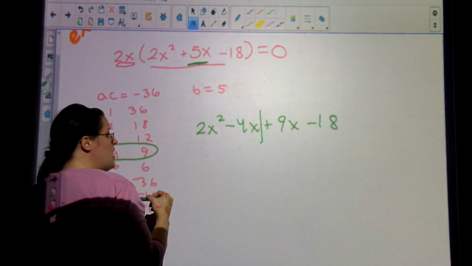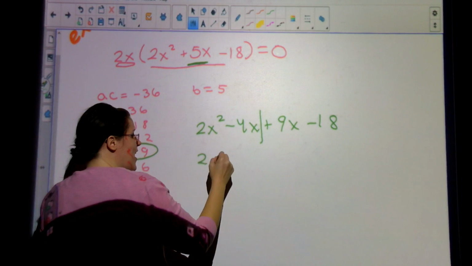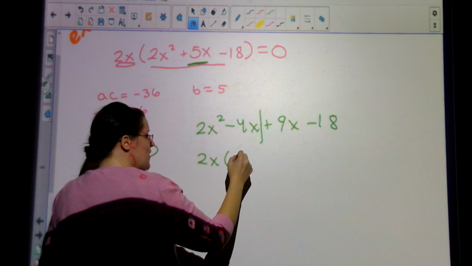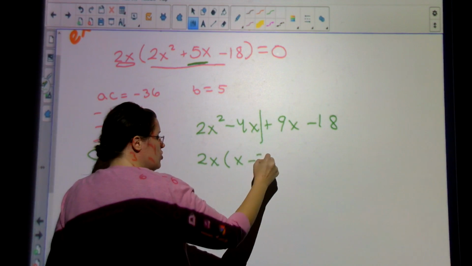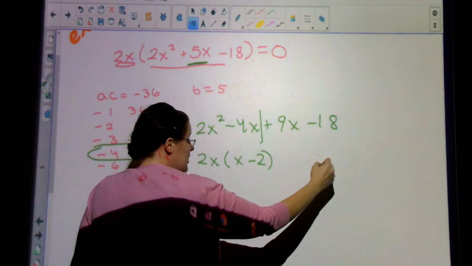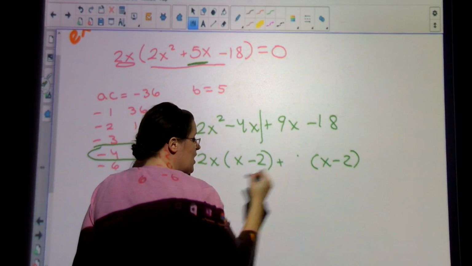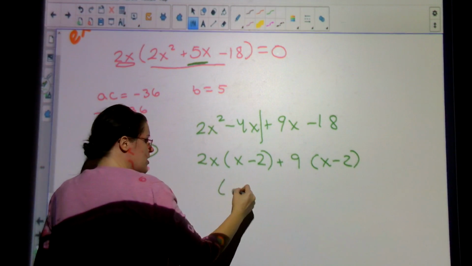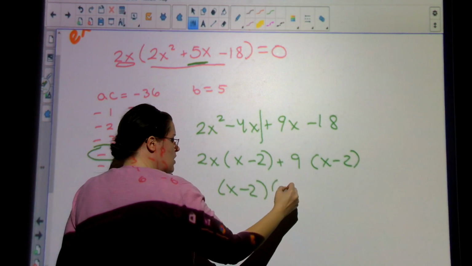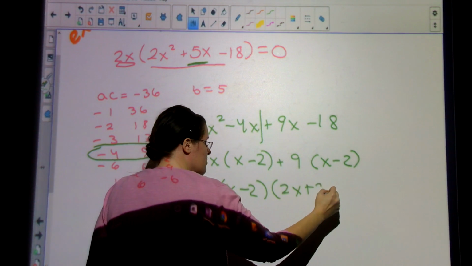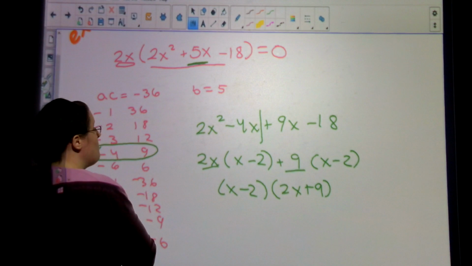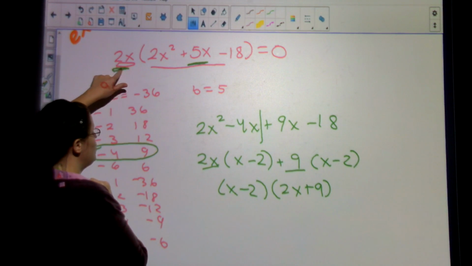Line down the middle. GCF is 2x, which leaves me with x minus 2, which means that's what I need to get over here. So what did I have to pull out? I had to pull out a 9. So factor out an x minus 2, left with 2x plus 9. Those are my leftovers right there. But don't forget your 2x that we start with.